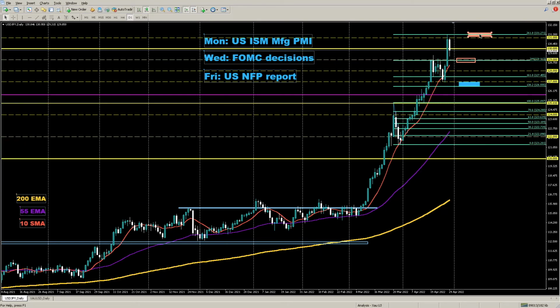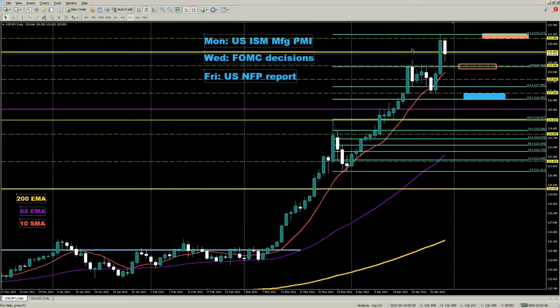Let's move this to this next level here at the 262 FIB, and that was at 131.27, and that high was at 131.25, so just within a couple of pips here.